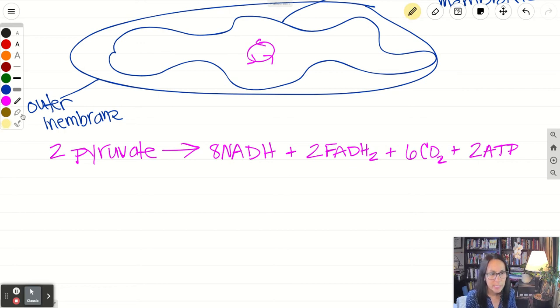Okay, so let me just highlight this formula. And let me just point out a couple of things. One pyruvate molecule has 3 carbons. Okay, 2 of these means you have 6 carbons. These 6 carbon dioxides is where those carbons go. And you are exhaling those carbon dioxides.